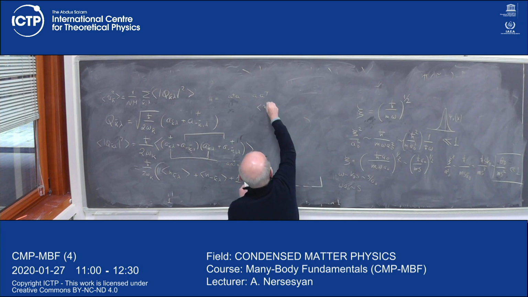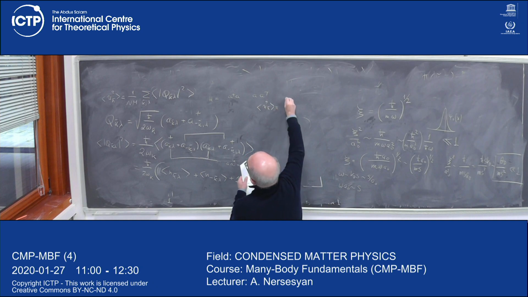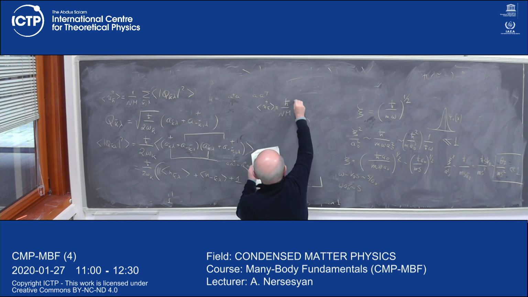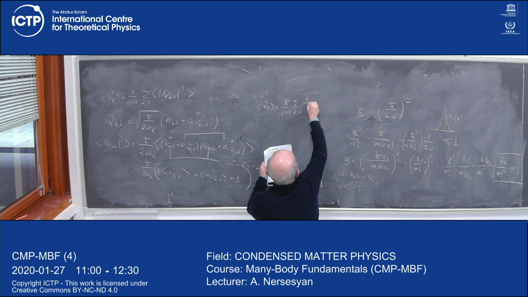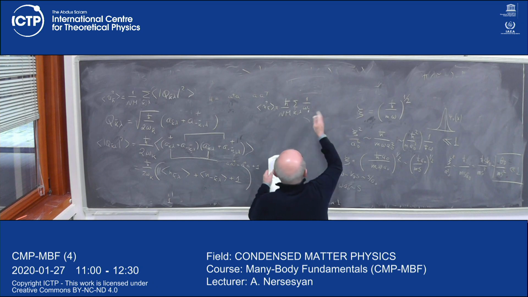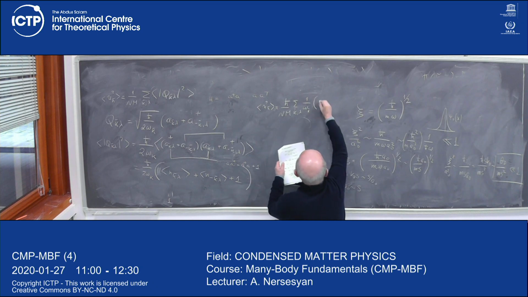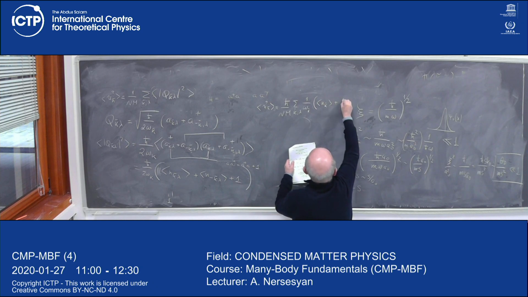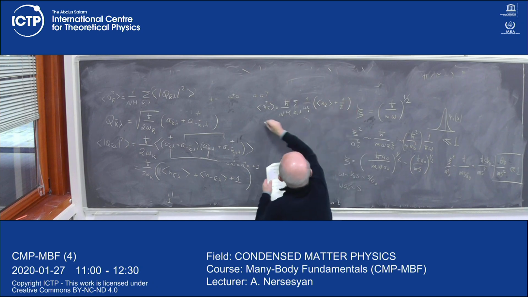The u n squared is h, n, sum over k lambda, 1 over omega k lambda. Well, I can remove this lambda, after all, we don't need it, and k, again remove lambda, plus 1 half.